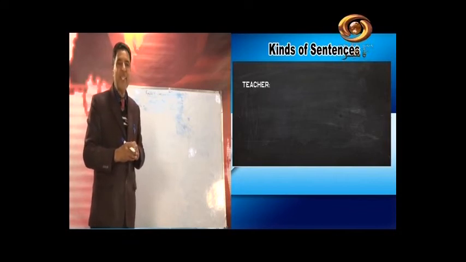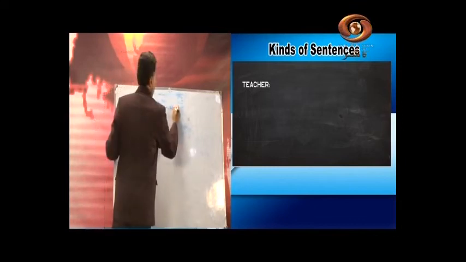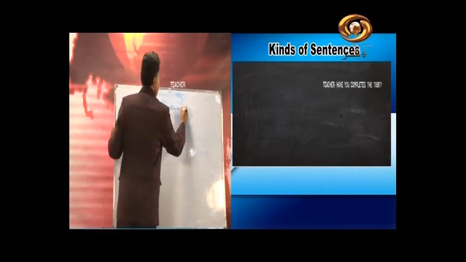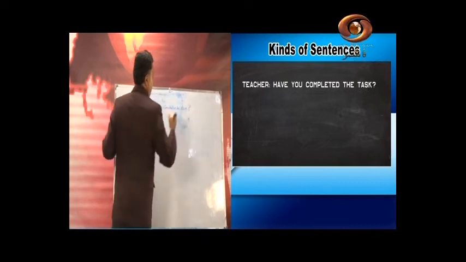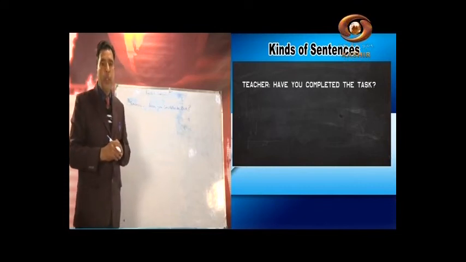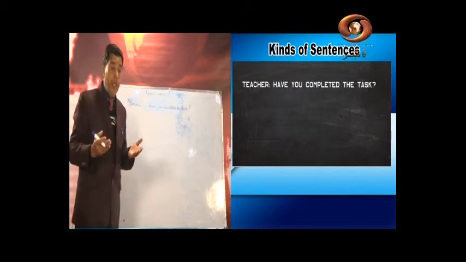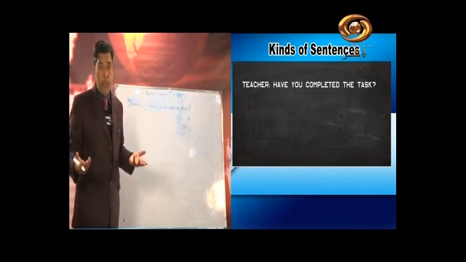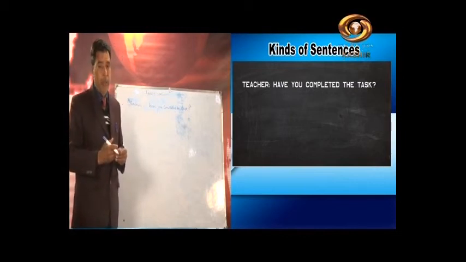Teacher says to his student, what? Have you completed the task? And see, here I will put a note of interrogation after this sentence. This is a sentence, but it is a question. And when we talk about a question, there are different kinds of questions and different kinds of words that we generally use in a question.